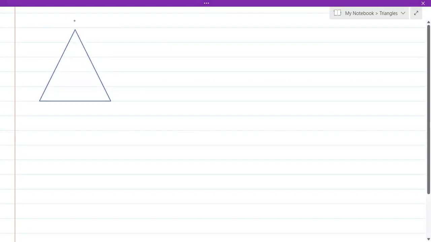Let's name this A, B, C, and let's say all the sides are equal to A. So the measurements are equal to A. Similarly here, all the sides are of the same measurement, only then we call it an equilateral triangle.